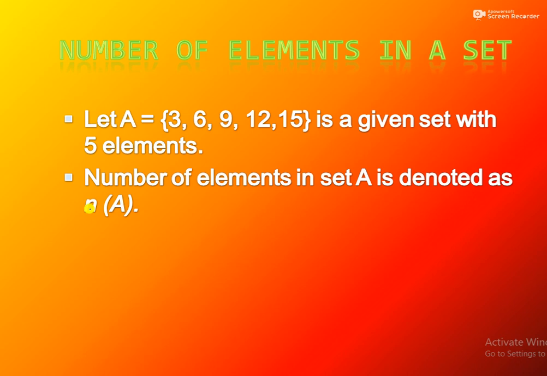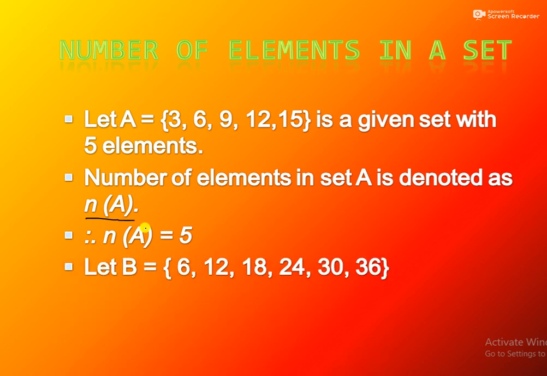So we'll read it as number of set A. Number of elements in set A is denoted as n(A). That means the number of elements present in set A. Therefore, we will write n(A) is equal to 5. That means there are 5 elements present in set A.